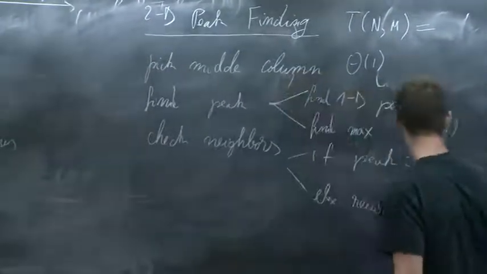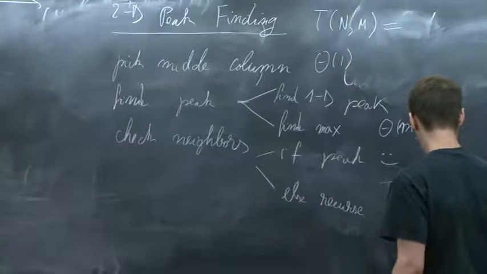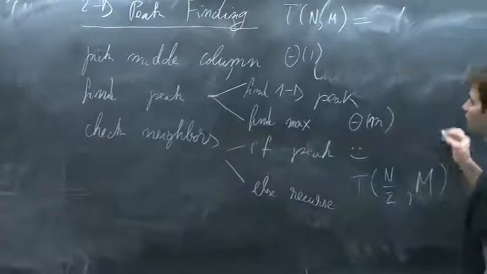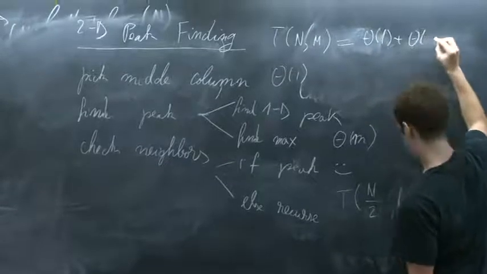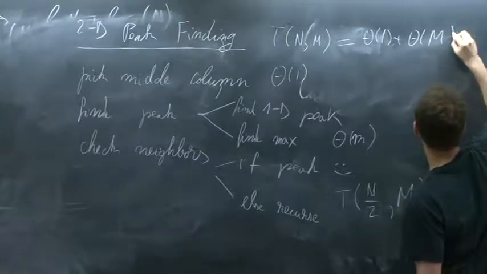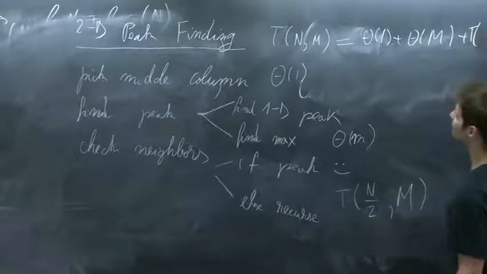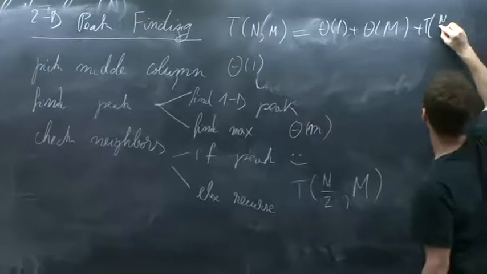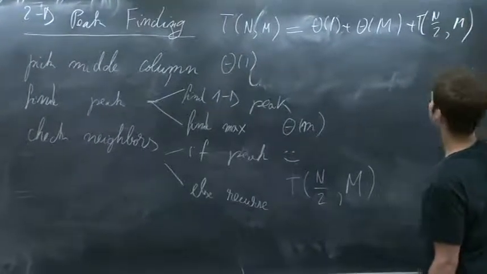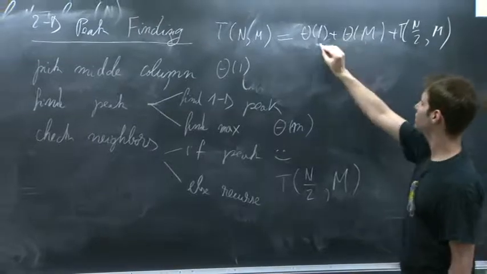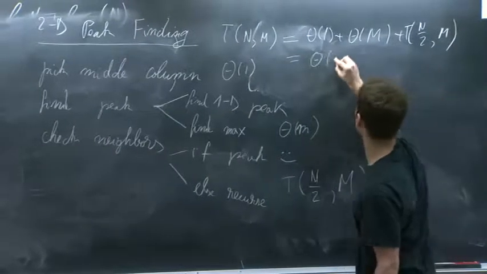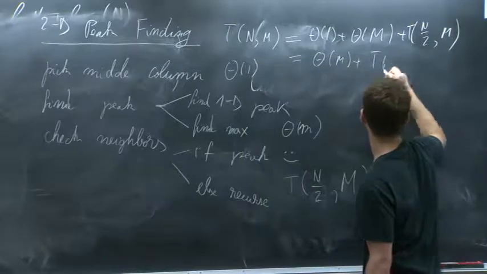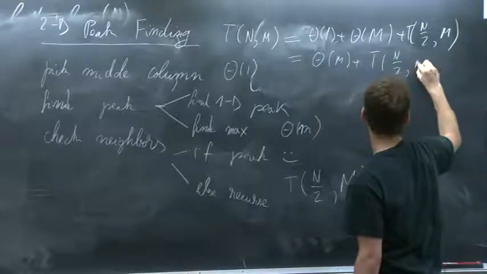N over 2. Sweet. So the recursion for this is theta of 1 plus theta of m plus T of n over 2 and m. I know that a constant can be absorbed by this other term, so it's theta of m plus T of n over 2, m.